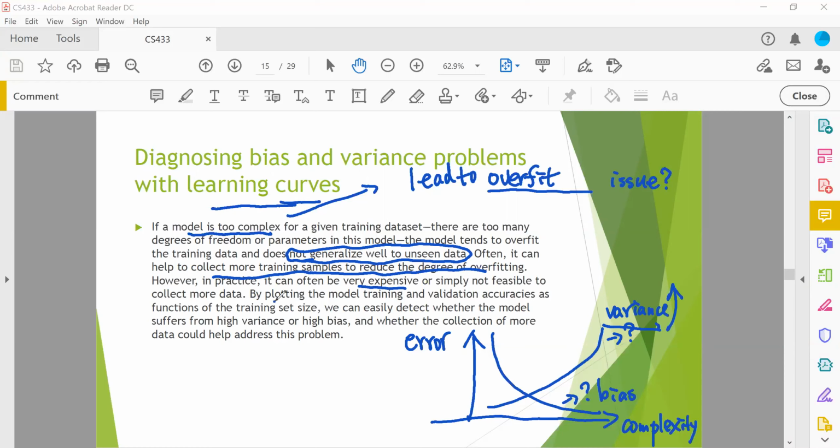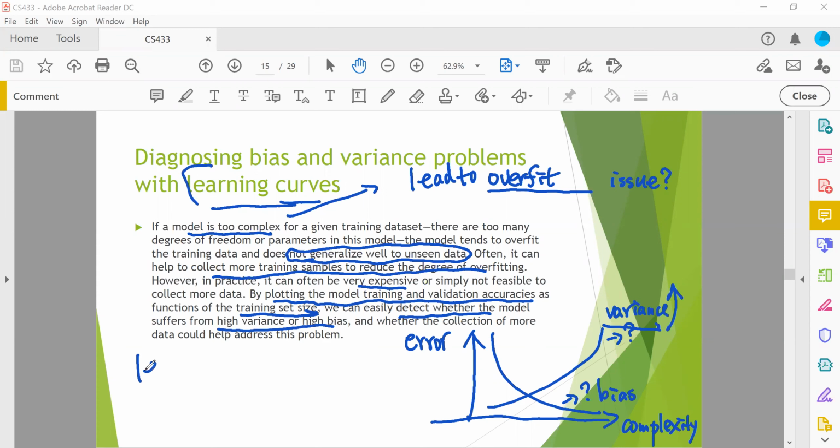We can plot the model training and validation accuracy versus training data size. That's regarding the learning curve and validation curve. It can help us detect if the model is overfit or underfit, if it has higher variance or higher bias.